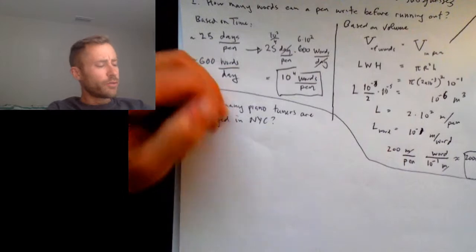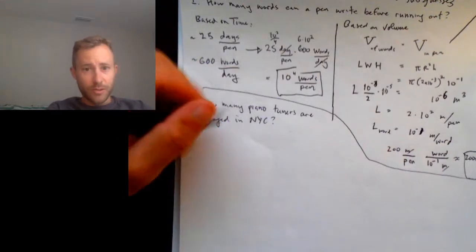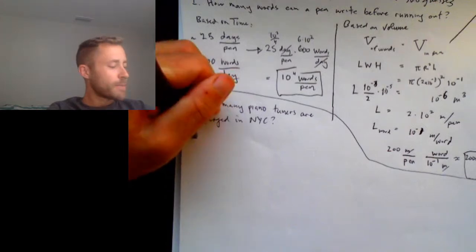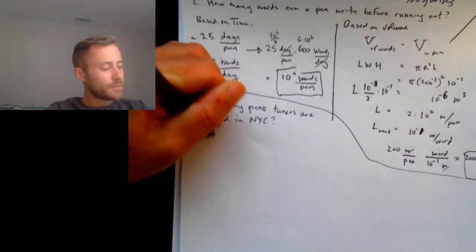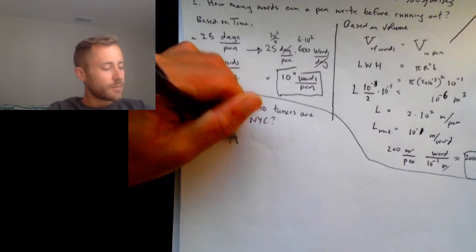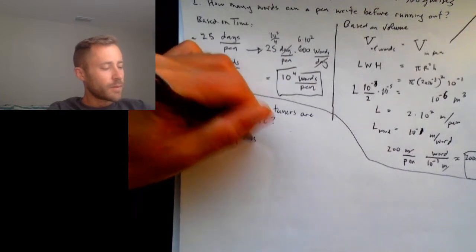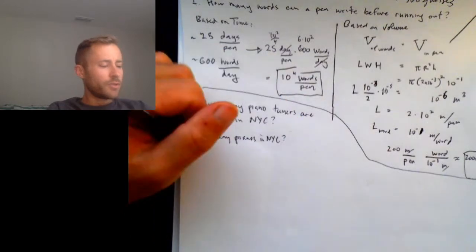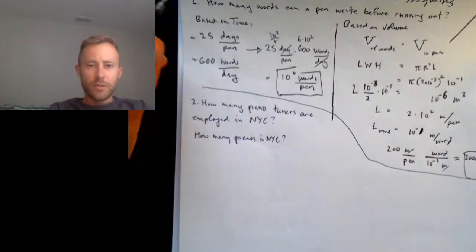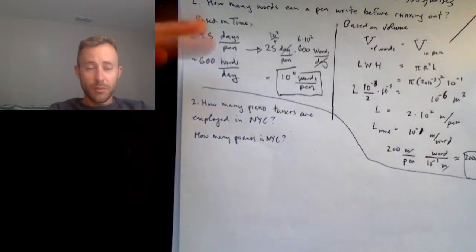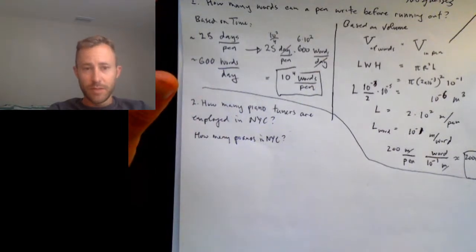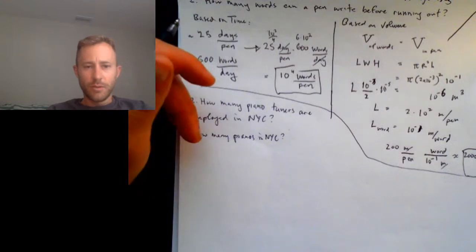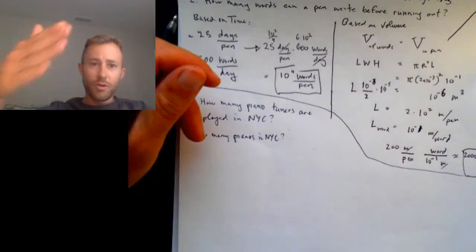So the first sub question that I want to answer is how many pianos are in New York? Well, how many people are in New York? To guess, I'm just going to go by powers of 10.